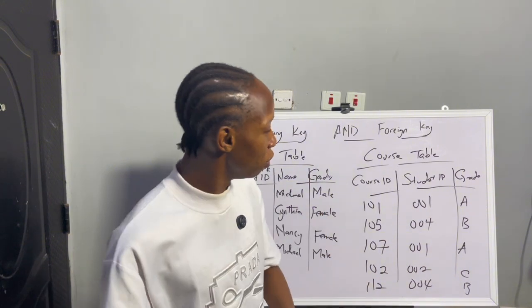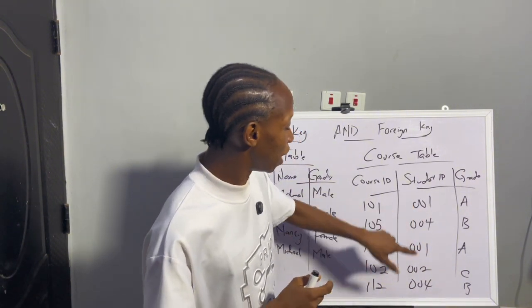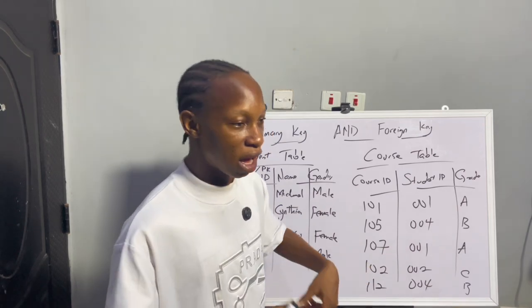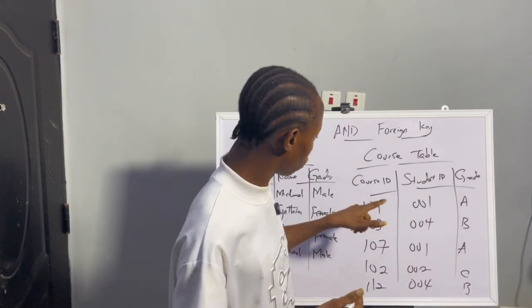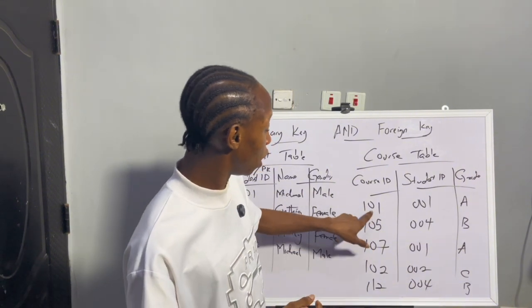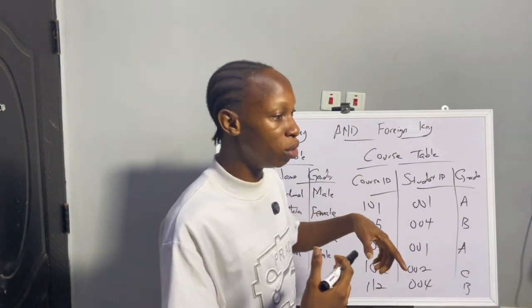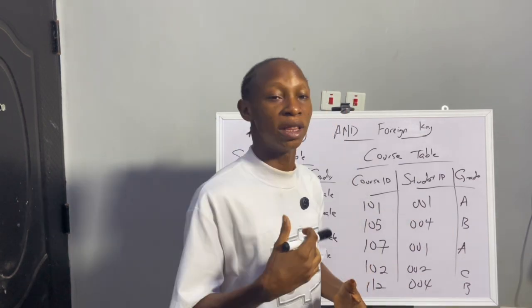It is possible for a student to partake in two different courses. As a student, you can partake in course 101. In a semester you partake in more than two or three courses.